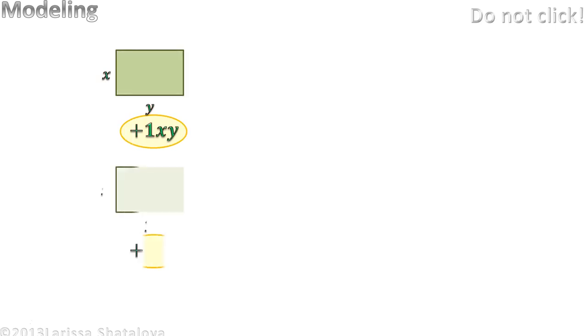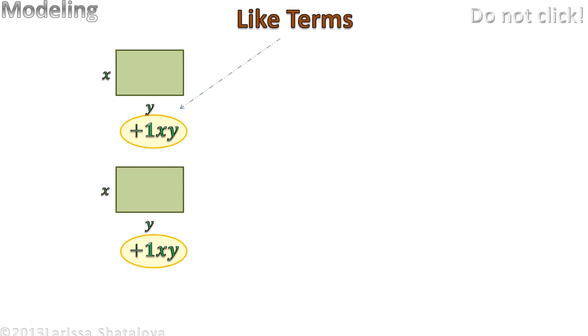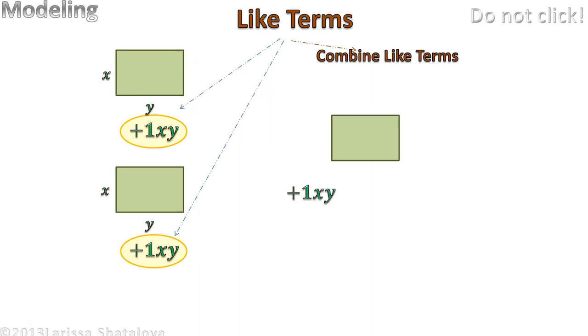One more example, positive 1xy and one more positive 1xy. They are like terms because both of them have x and y variables. We can combine like terms physically, this area and another one.